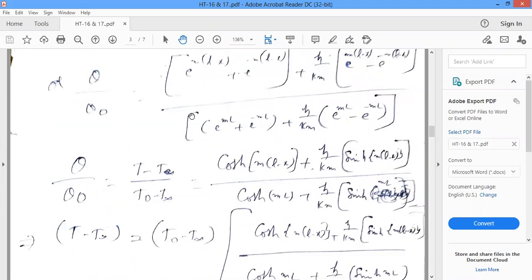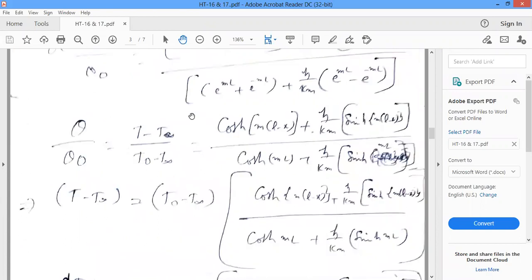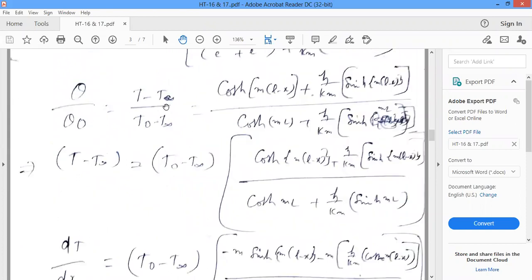After substituting them in the equation, you will get the temperature distribution equation.